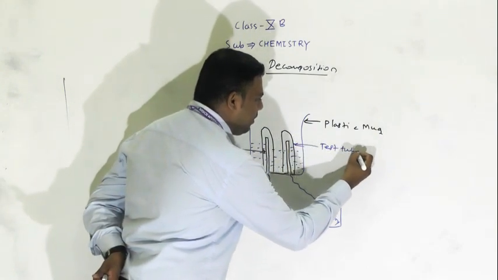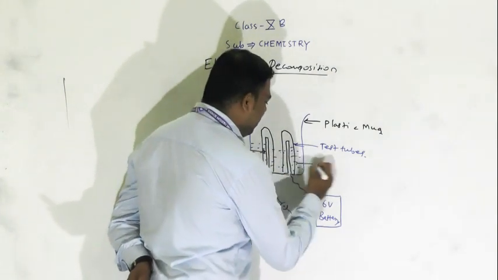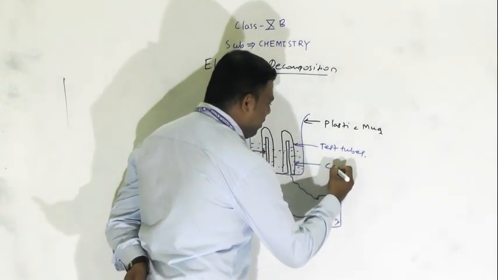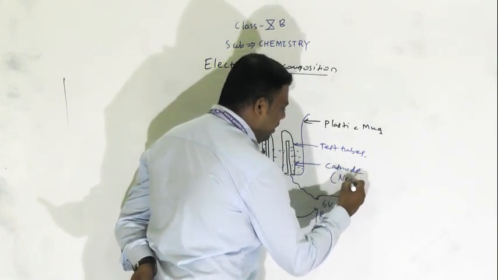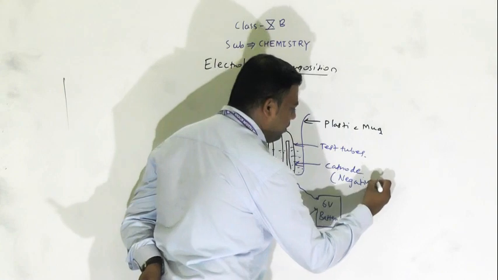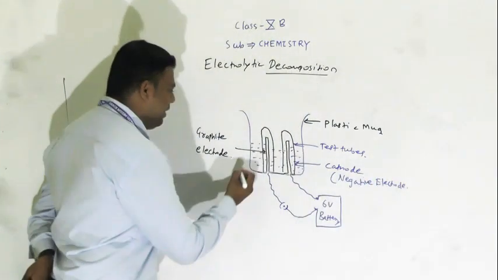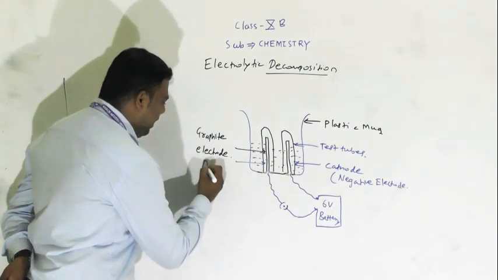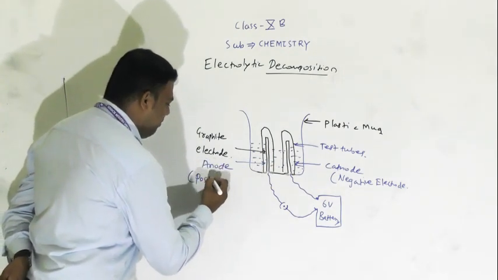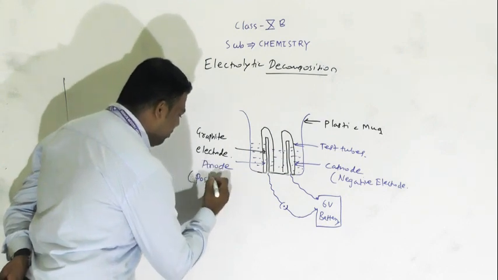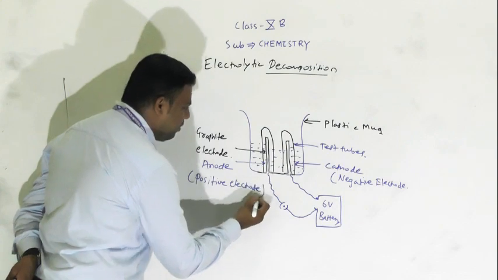Okay, so see here, cathode, which is the negative electrode, okay, and here what, anode, which is the positive electrode.